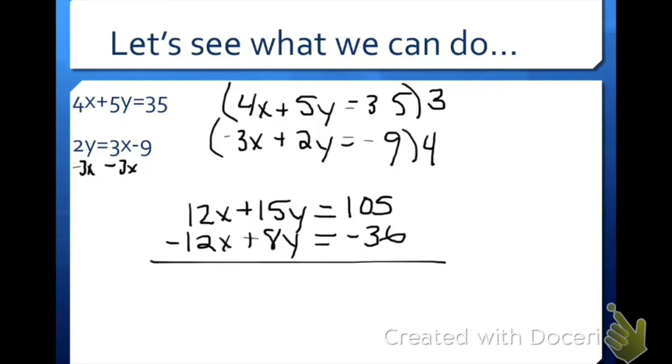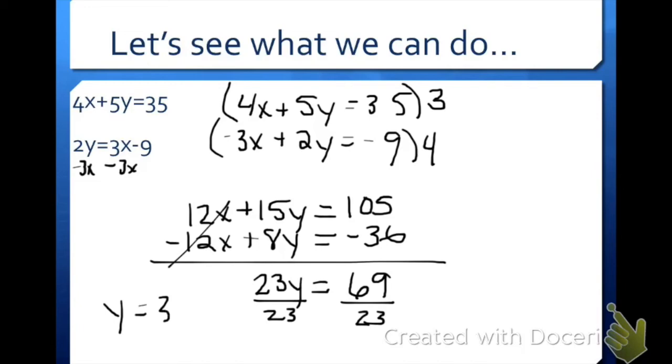To eliminate my 12x's, I'm going to add these, so they will add to make 0. 15y plus 8y will give me 23y equals, what is that, 49? Or 69, I mean. Equals 69. Divide by 23. y equals 3.